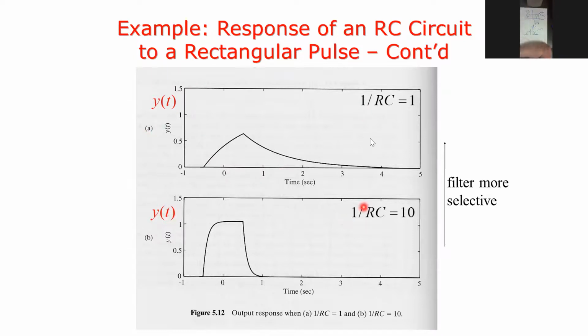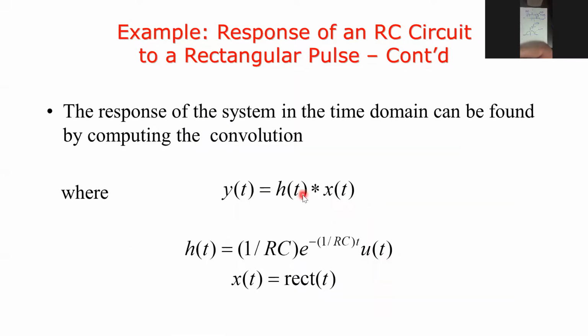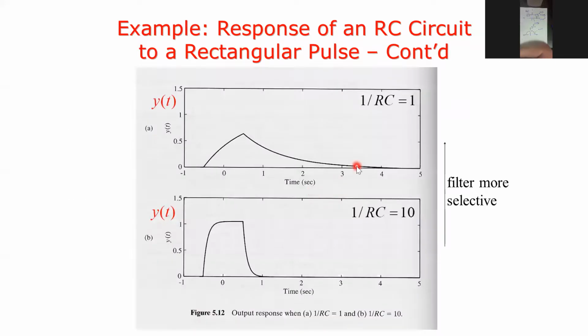Here, these are two different outputs with two different values of 1 over RC. Here you have to examine the importance of the 1 over RC parameter, because it tunes the sharpness of the low pass filter, which frequency components it will cut and which not.